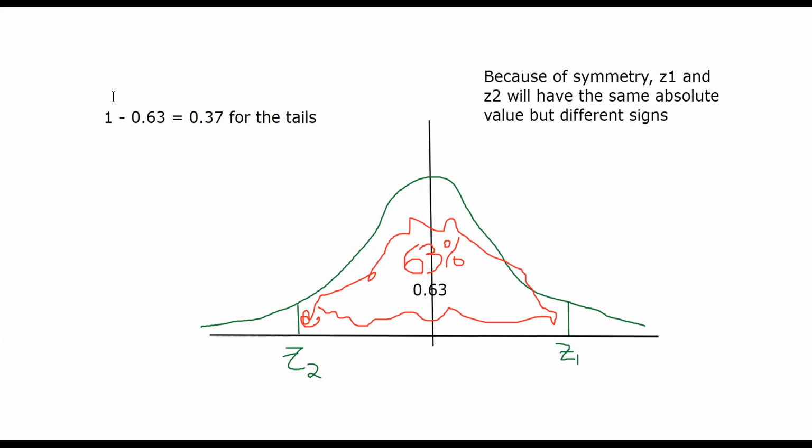In other words, this tail here and this tail here together will make up 37% or 0.37 of the data. There's two of them though, so it's got to go into both of them. Because of symmetry, it's going to go into both of them equally. So we need to split our 0.37 into two pieces, cutting the tails in two. If you do the math, that's going to be 0.185.